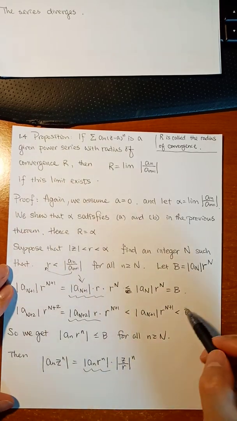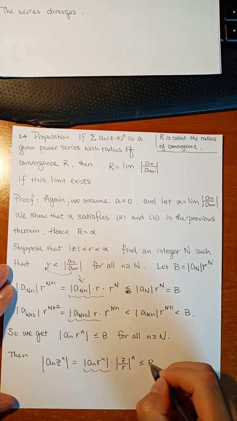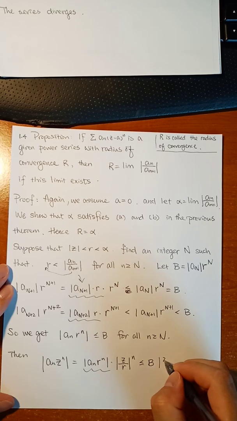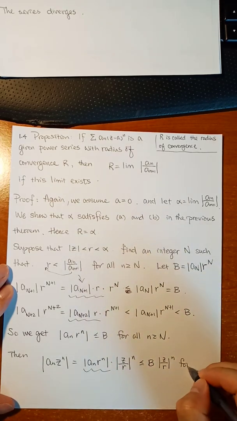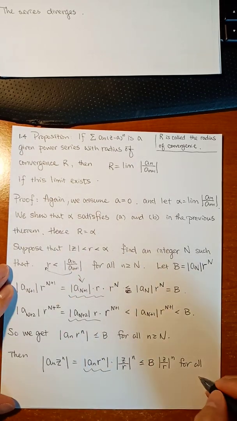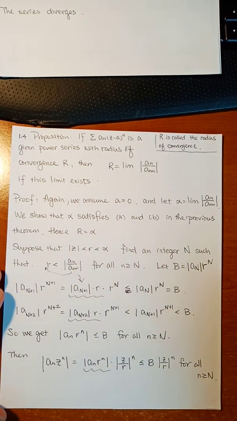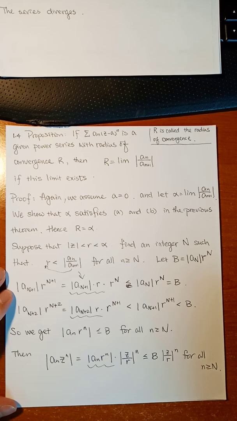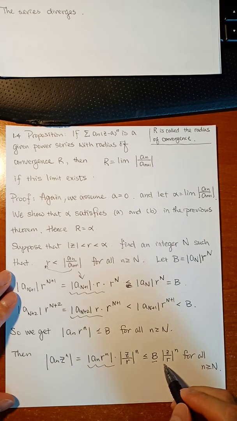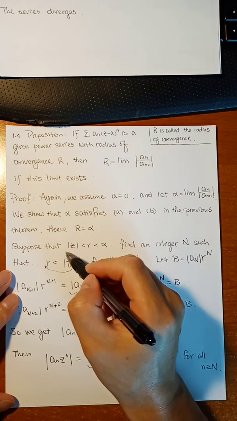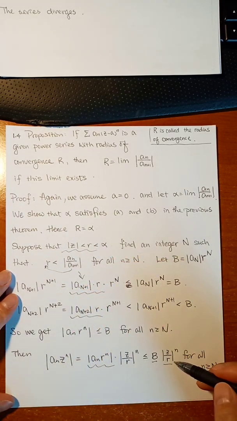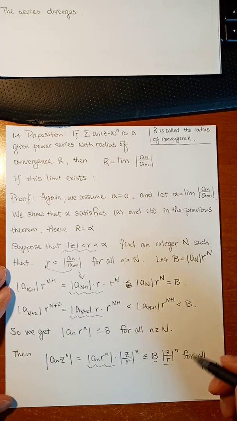And this one is less than or equal to B times the absolute value of z over r to the nth power for all n greater than or equal to capital N. See, B is a constant number. This is a geometric series, because we assume the absolute value of z is less than r. It's a geometric convergent series.